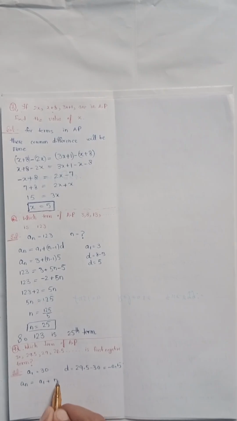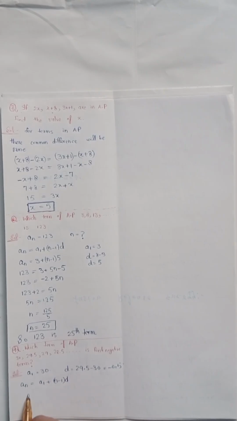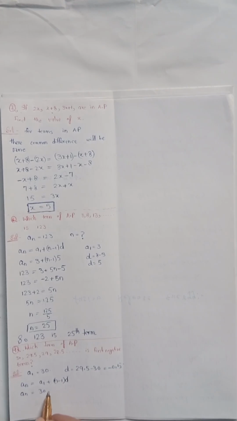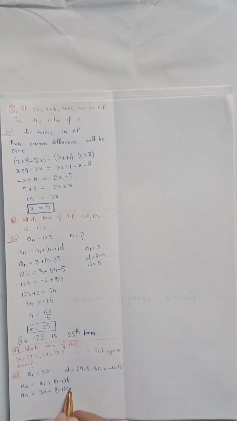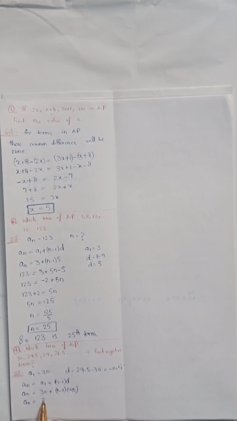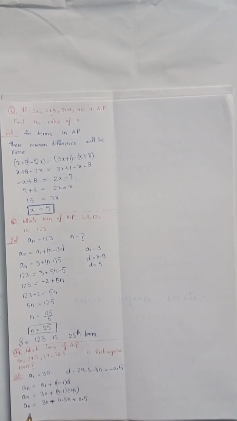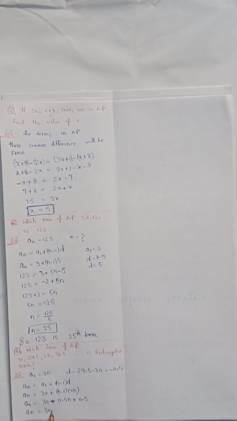So an equals 30 plus (n minus 1) into minus 0.5, which is 30 minus 0.5n plus 0.5, so an equals 30.5 minus 0.5n.